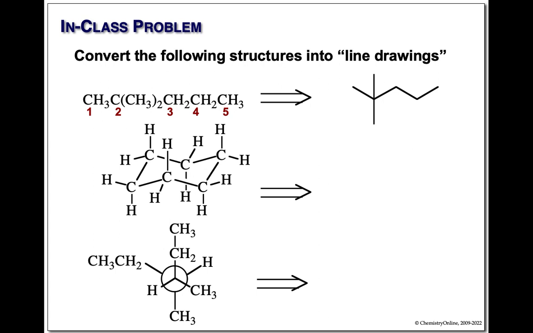So the most accurate way to represent this is to simply do the up, down, up, down, up, down, and write this as your structure. This is what is known as the chair conformation of cyclohexane.